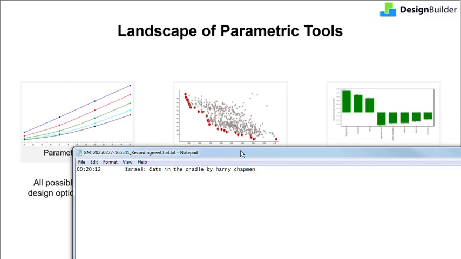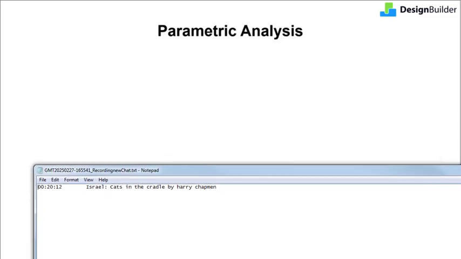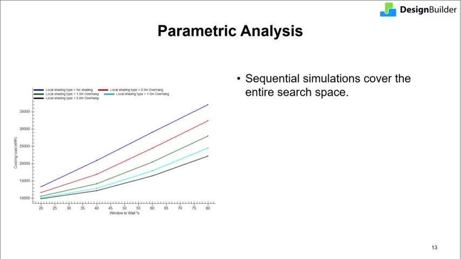Let's explore these one by one. Starting with parametric analysis. As mentioned, parametric analysis is a brute force method of changing parameters sequentially and running simulations for the entire search space.